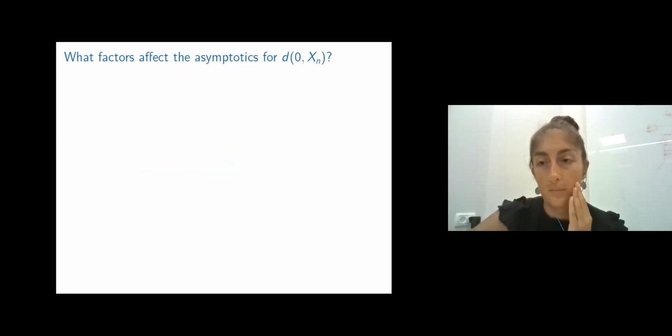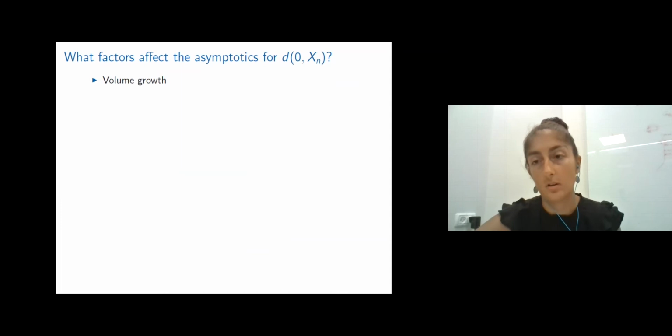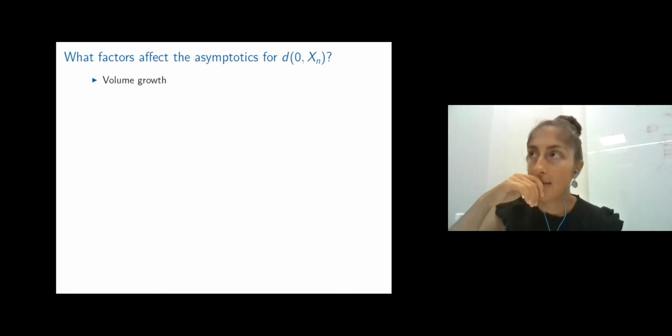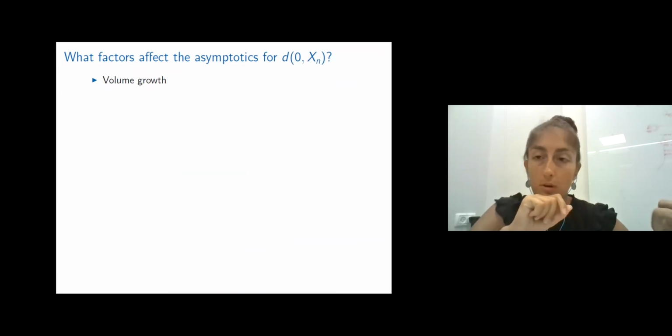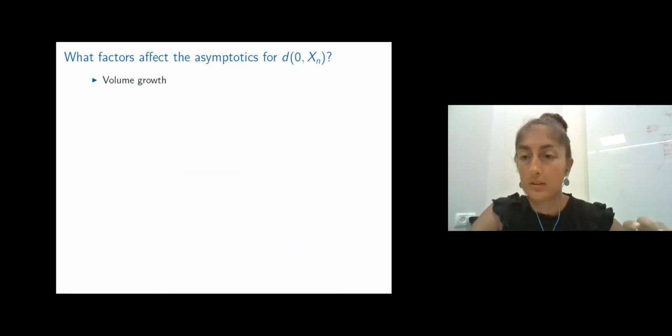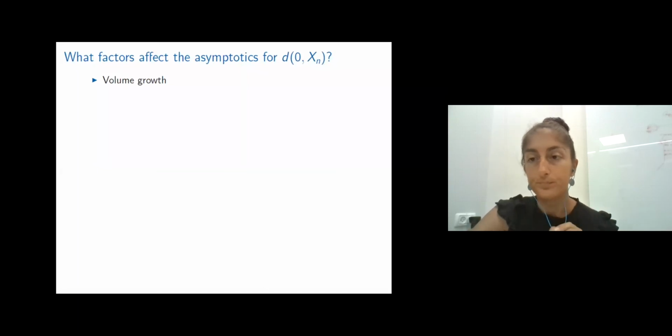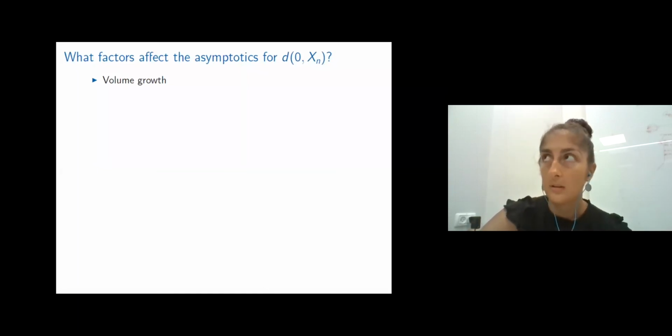And the first one maybe is quite intuitive, that it should affect it. And this is the volume growth. So it's clear that the volume growth has an effect. So like I said, in the Sierpinski triangle, because somehow you have quite dense parts of the graph, this somehow slows a random walk down. So you can see that potentially having larger volume will slow you down.